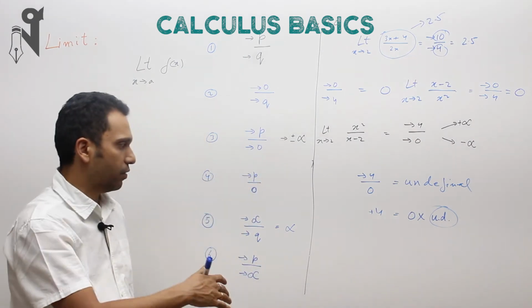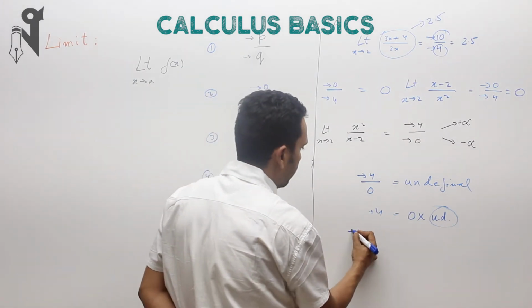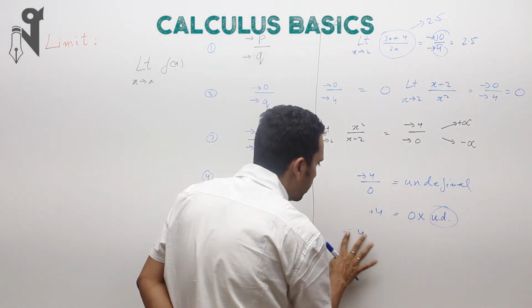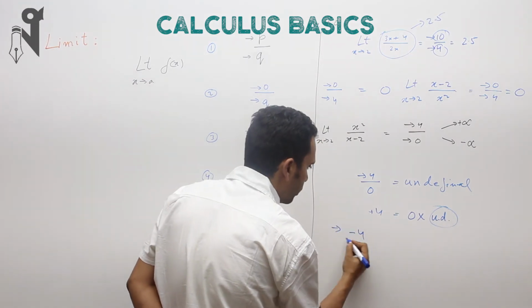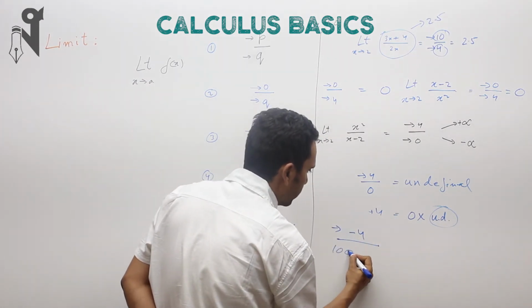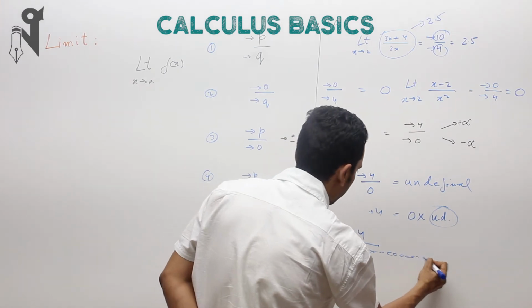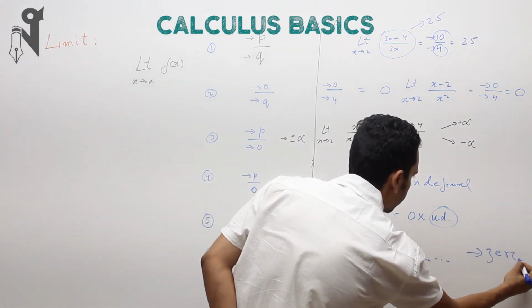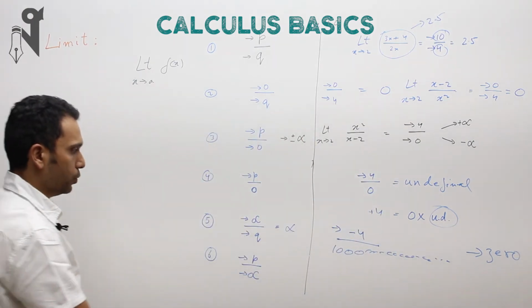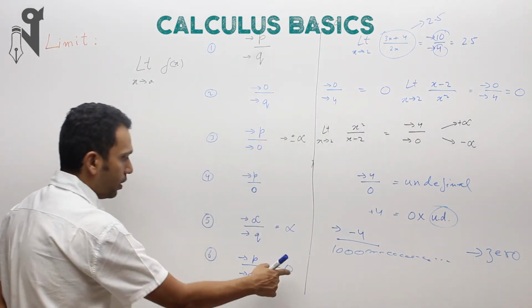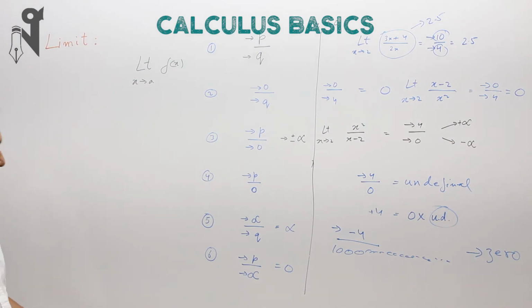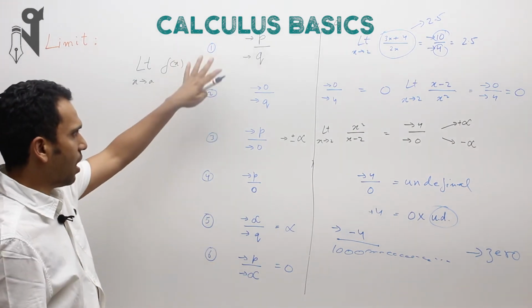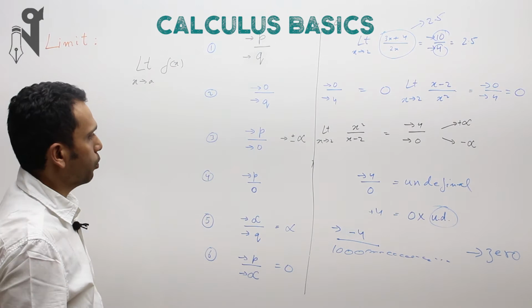If you have a division by a very large number, say tending to 4 or tending to minus 4, divided by a very large number, it will be almost equal to 0, right? So this will approach 0, so the limit value will be equal to 0. So these are hardly a problem to be evaluated.